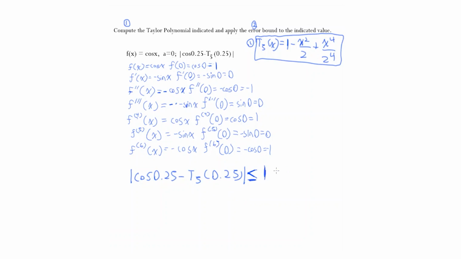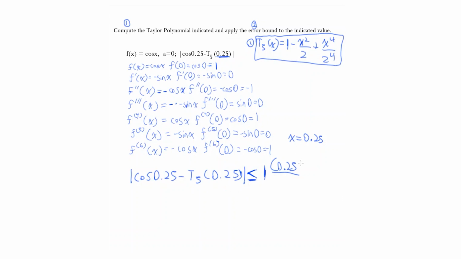So K, which is just 1, and then x minus a. So our x value is 0.25. X is the value that you're trying to find the error of. So what our Taylor polynomial is doing is approximating the value at 0.25 of the function f of x, and we're trying to figure out how accurate that's going to be.